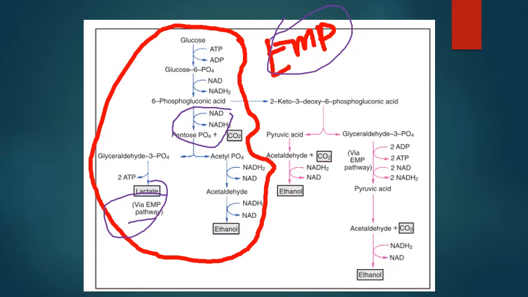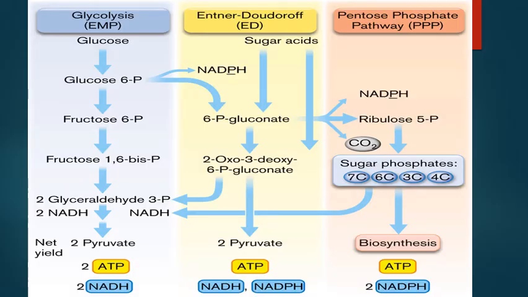So, this is a combination of your EMP, PPP, and then your Entner-Doudoroff pathway. Okay? So, ito mas madali intindihin. So, this is your EMP, your Entner-Doudoroff pathway. So, yung glucose 6-phosphate, kesa mag-undergo siya ng EMP, magkakaroon siya ng 6-phosphogluconate because you'll have your NADPH.